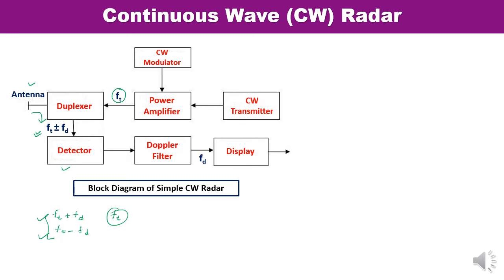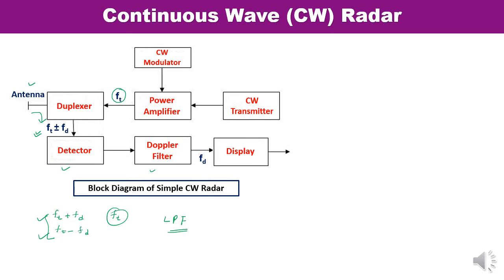After this detector there is a Doppler filter. The detector will produce the difference in frequency, which will be passed on to the Doppler filter. The Doppler filter is nothing but a low pass filter, so it allows the difference frequency from the detector and rejects the other frequencies.